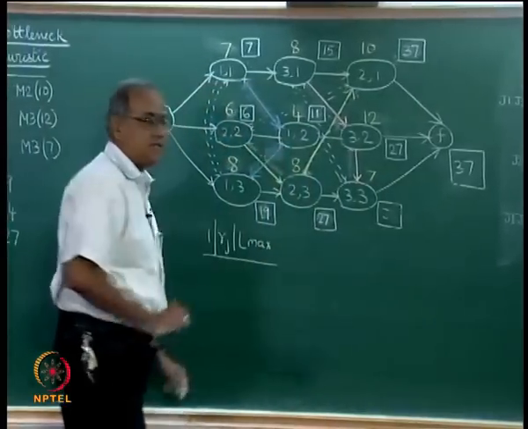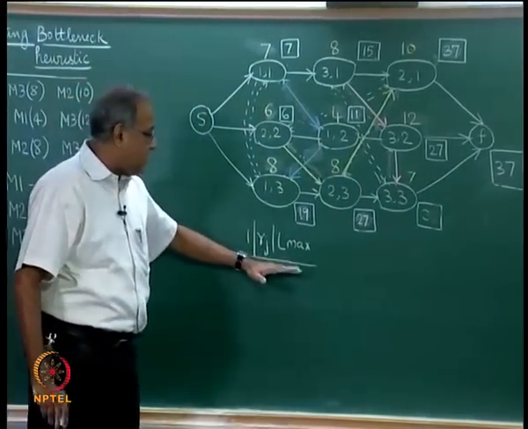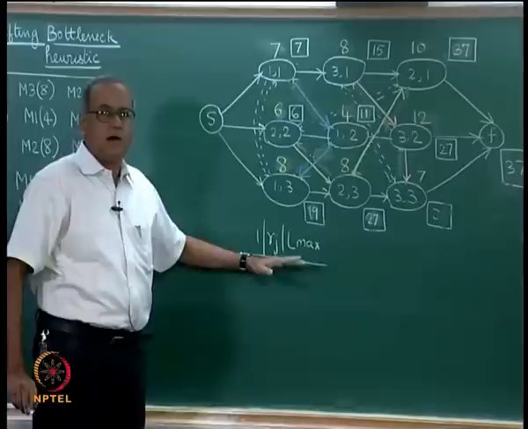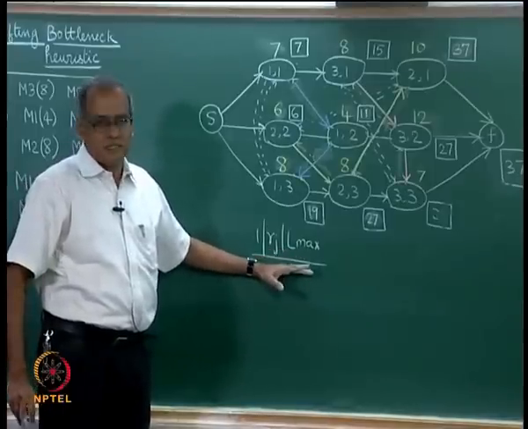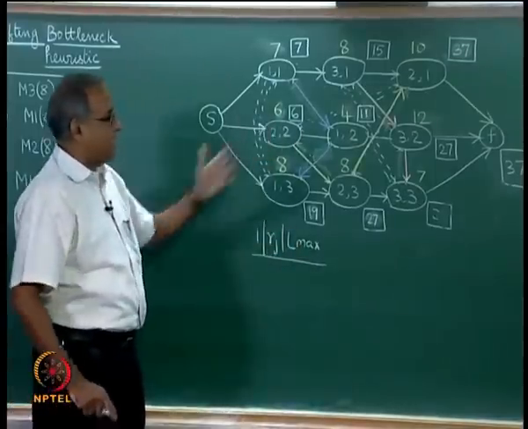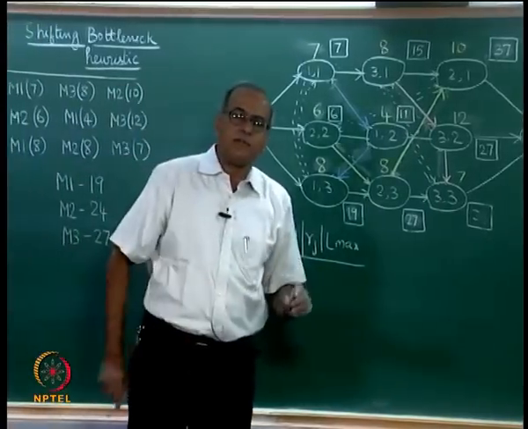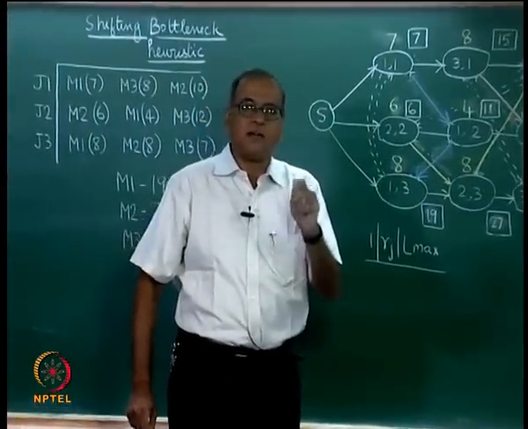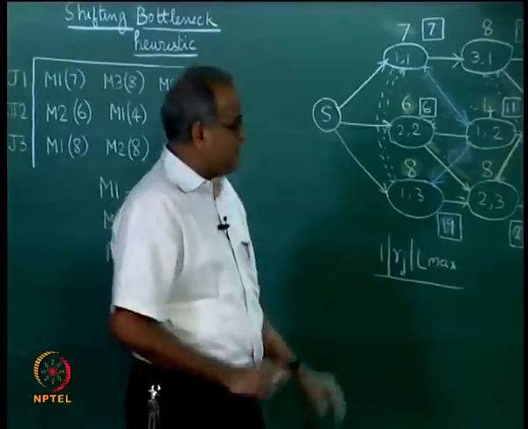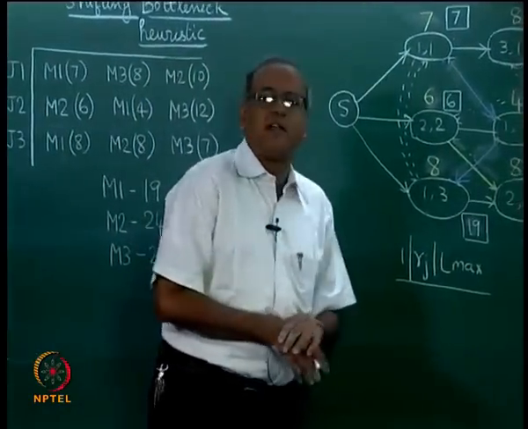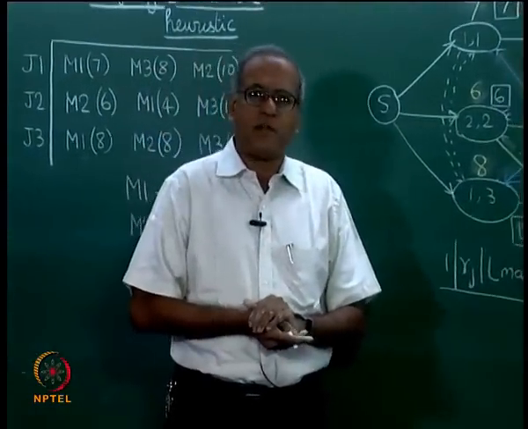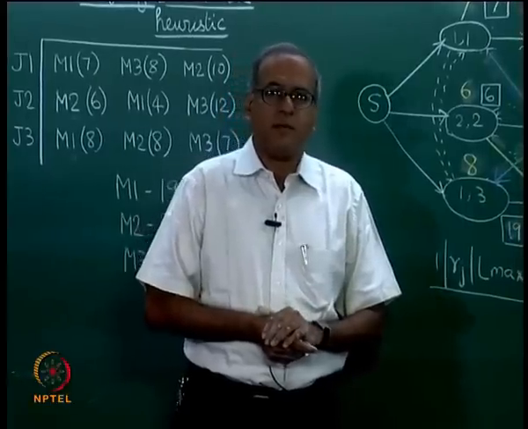Here the corresponding sequence is obtained by solving a 1 | rj | Lmax or by solving an optimization problem. Therefore, it can give better solutions than using a single dispatching rule. So this is effectively used to solve job shop scheduling problems to minimize makespan.